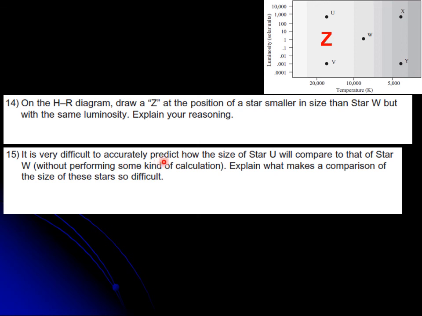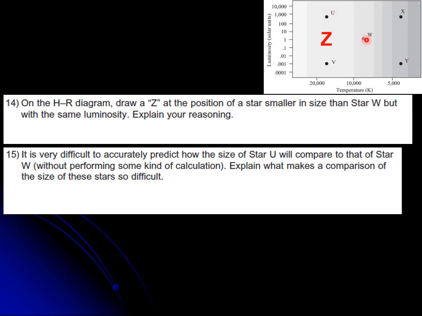It is difficult to predict how the size of star U up here will compare to the size of star W. Explain what makes a comparison of these two stars so difficult. Well, the fact that this one is more luminous could be because it is hotter, but it also could be because it is larger.